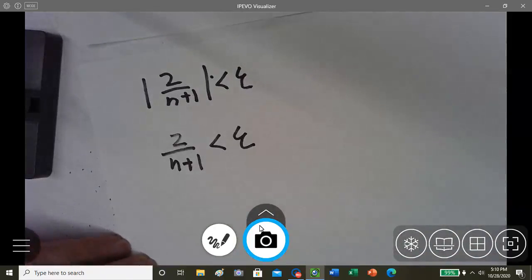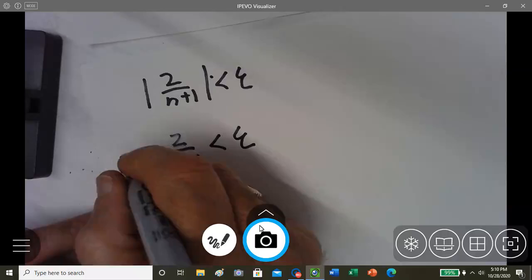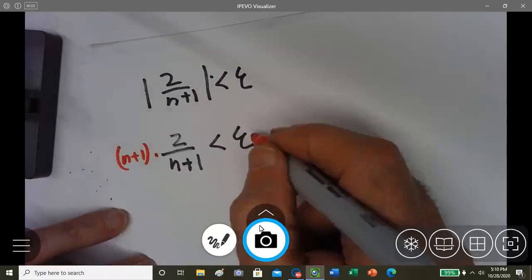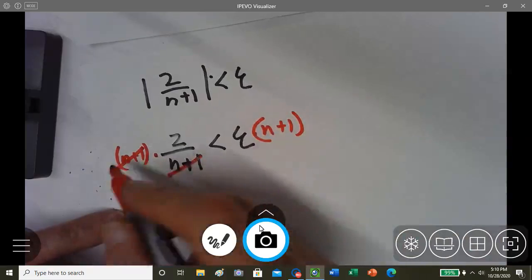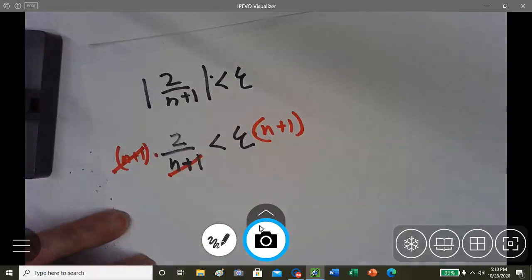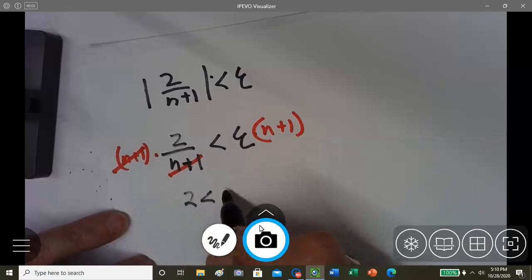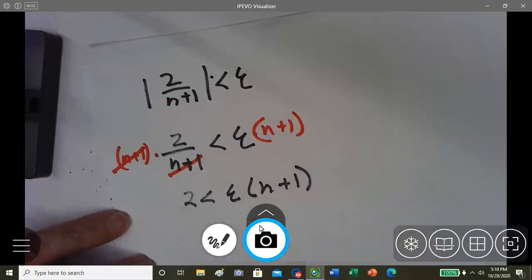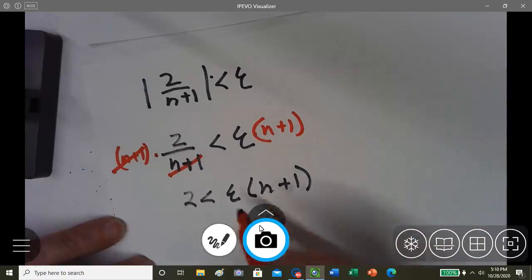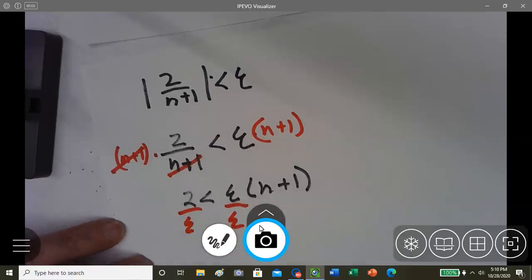So we're going to multiply n plus 1 to both sides. And so the n plus 1's cancel, and we get 2 is less than epsilon times n plus 1. Now we're still trying to solve for n here, so we divide by epsilon on both sides.